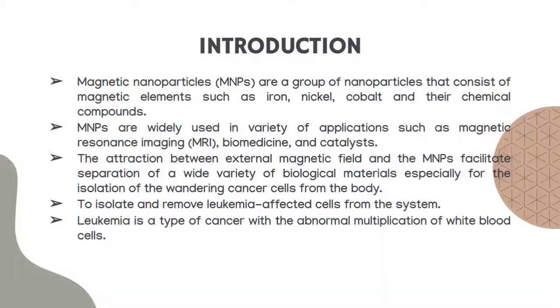Magnetic nanoparticles are widely used in a variety of applications such as magnetic resonance imaging (MRI), biomedicine, and catalysts. The attraction between an external magnetic field and the magnetic nanoparticles facilitates separation of a wide variety of biological materials, especially for the isolation of wandering cancer cells from the body.